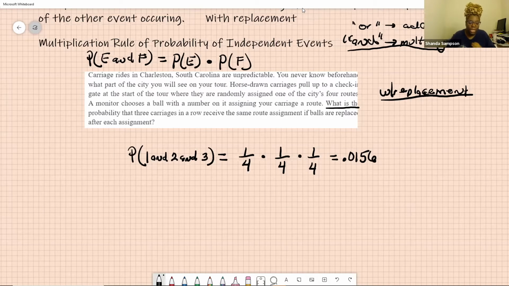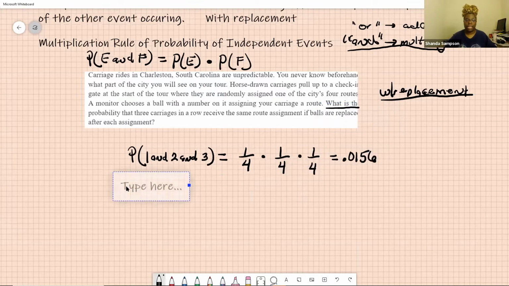They would be dependent. When we use without replacement, that means that the first choice is going to affect your second choice. So that is when you don't replace it back in. That means that these two things are dependent as opposed to independent.